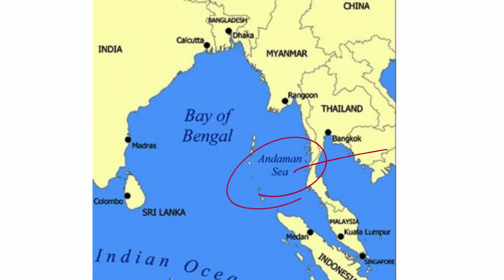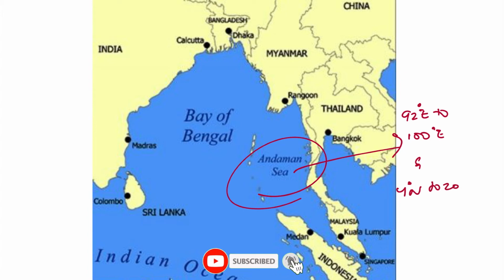The Andaman Sea extends over 92 degrees east to 100 degrees east and 4 degrees north to 20 degrees north. It occupies a very significant position in the Indian Ocean, yet it remained unexplored for a long period of time.